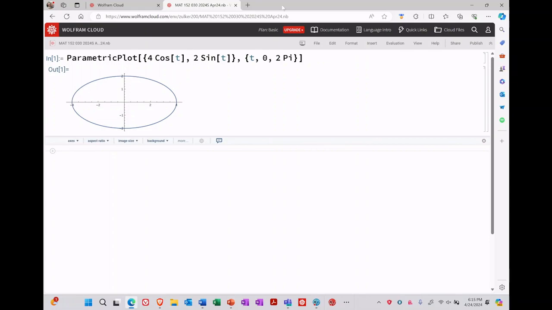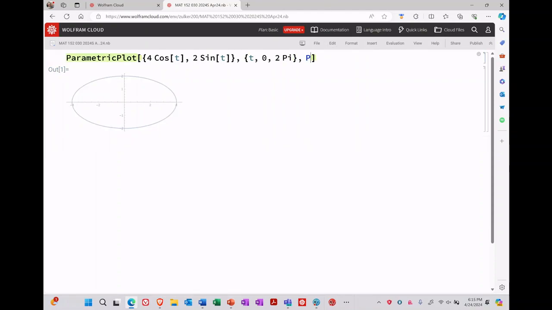That is what it will give us. Right, so that is the bare minimum that you need for a parametric plot. You just need the parameterization and your domain.